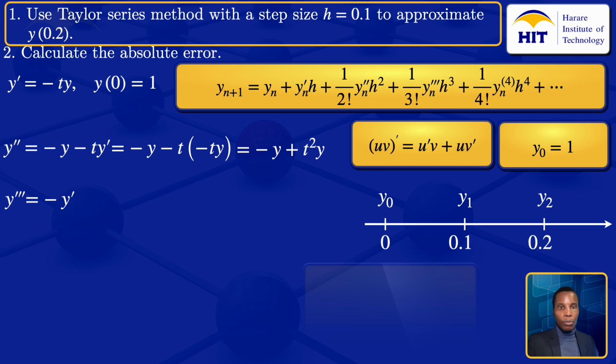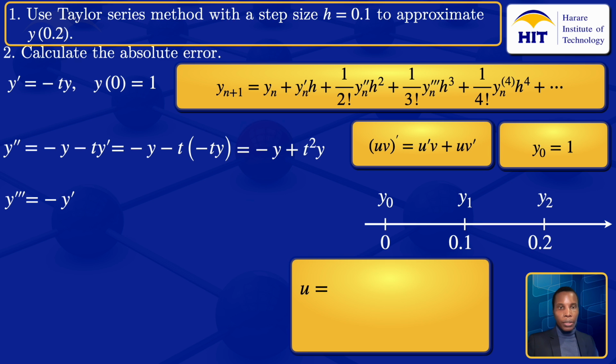In this case, we choose u equal to t squared, and differentiating u with respect to t, we get 2t. Then v is the y, and v prime is y prime. Using the product rule formula, our result is 2t multiplied by y plus t squared multiplied by y prime.